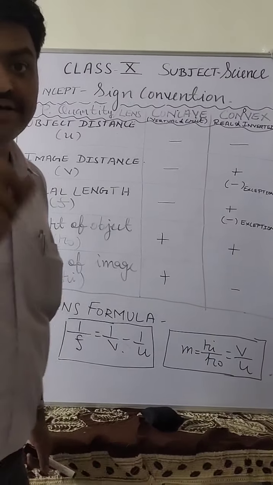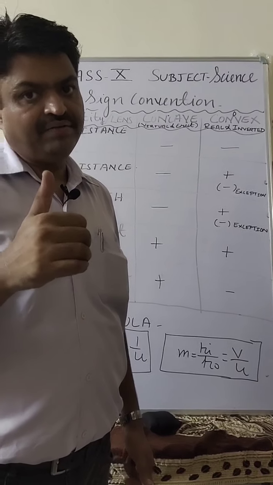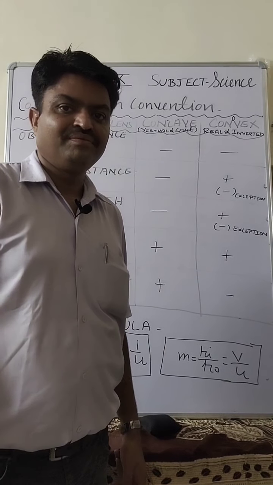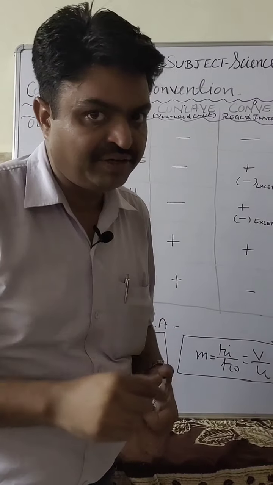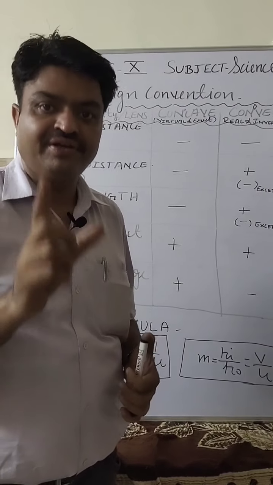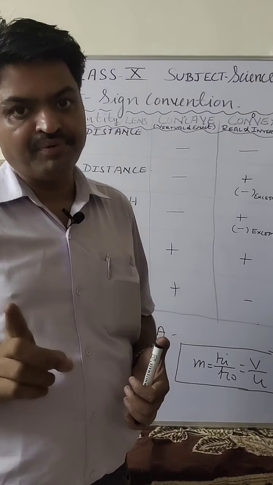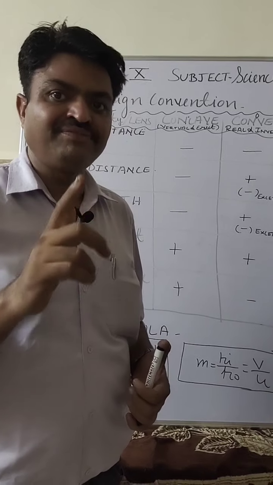Now you will learn the lens formula. I have also taught you the mirror formula, student. It is 1 upon f is equal to 1 upon v plus 1 upon u. Now, how will you learn the lens formula?